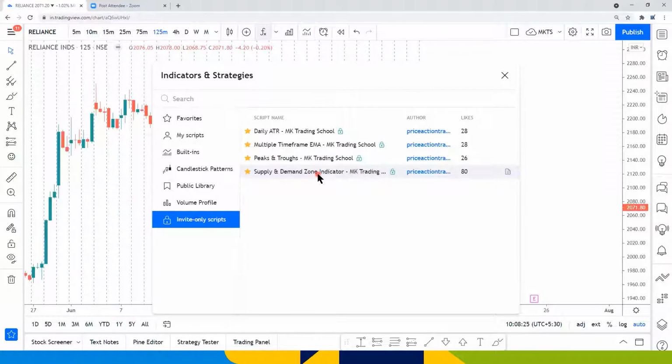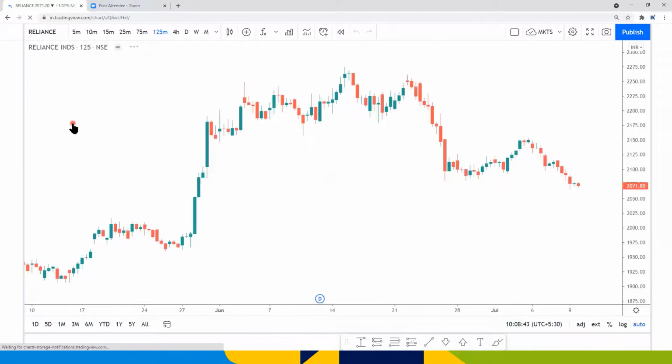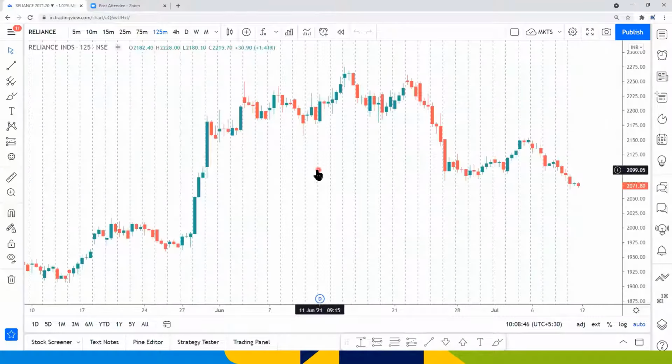From here, click on this indicator, it will be applied to the chart. Is it clear with everyone? Where do you find this indicator? It will be under invite only scripts. And in case you cannot see it, just refresh your browser. At the top, refresh page, reload this page. Then it may be visible if it's not visible on the first go.